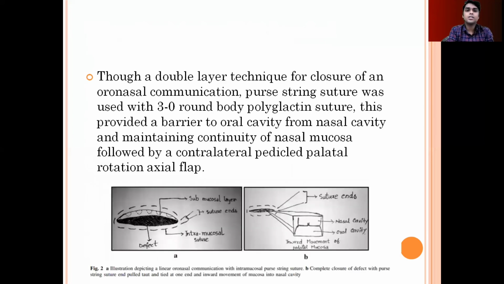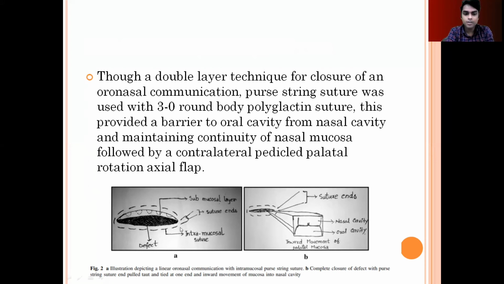However, in one journal, I came across the double layer technique for the closure of oronasal communication. In this, a purse string suture was used with 3-0 round body polyglactin suture, which provided a barrier between the oral cavity and the nasal cavity. After this, a contralateral pedicled palatal rotation axial flap was given.